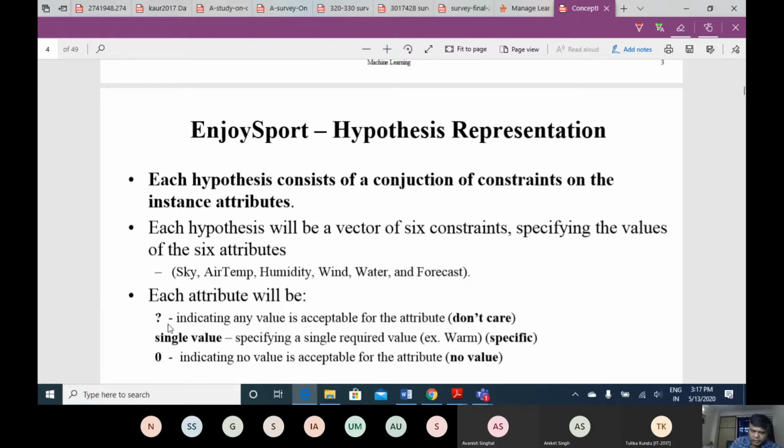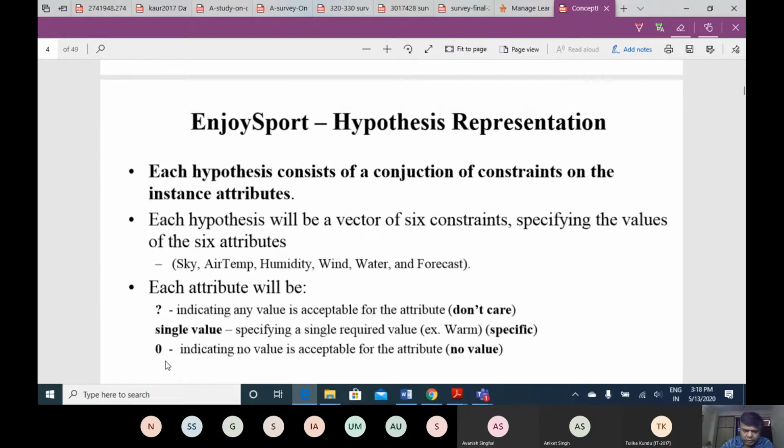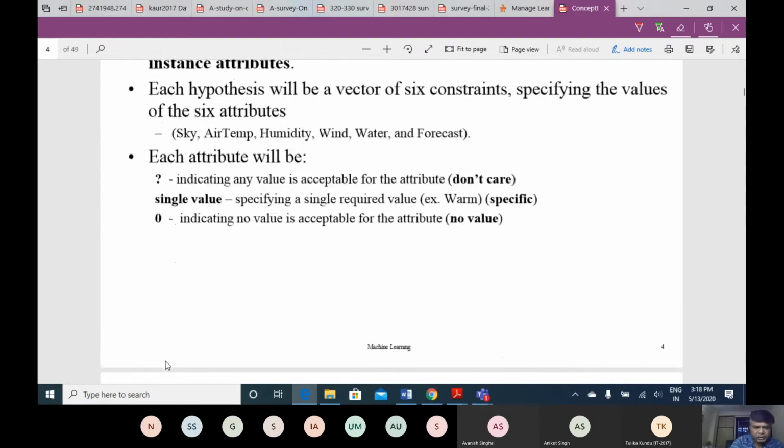A question mark indicates that any possible value is acceptable. If a question mark is there, that means any possible value of that feature is acceptable. If zero is there, that means no possible value can make this combination acceptable. Suppose we have filled in each of these places either by a question mark, or by a single value, or by zero. What we get is a set like this.